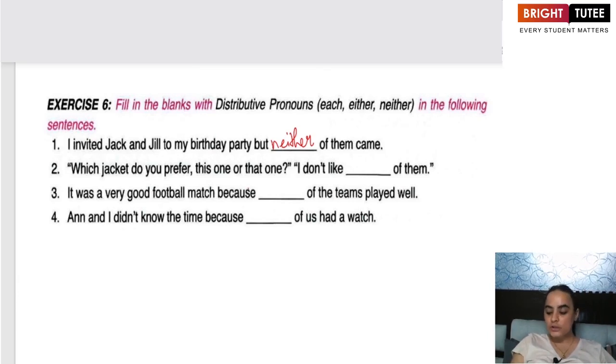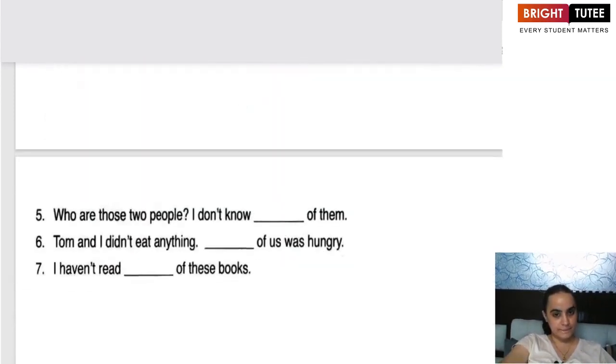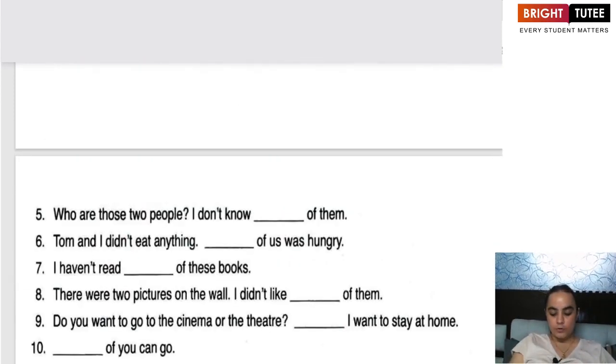I don't like either of them. It was a very good football match because each of the teams played well. Anne and I don't know the time because neither of us had a watch. Who are those people? I don't know either of them.